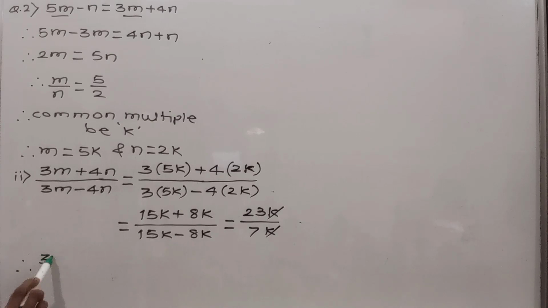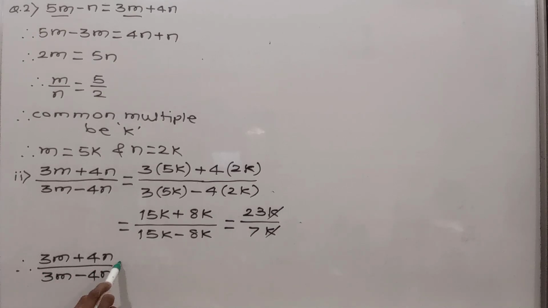Therefore 3m plus 4n upon 3m minus 4n is equal to 23 upon 7.